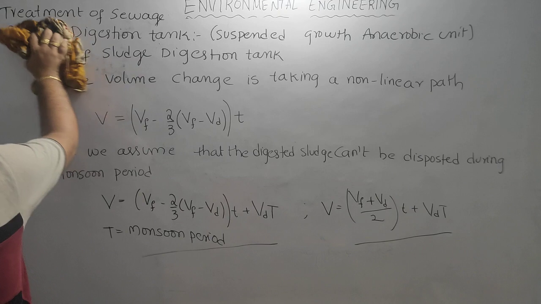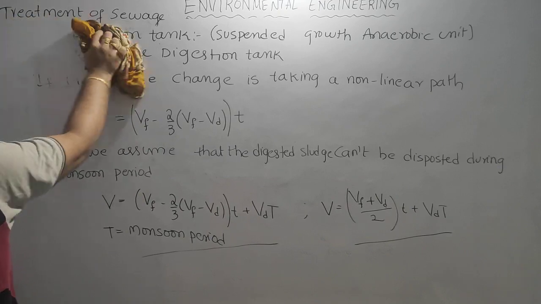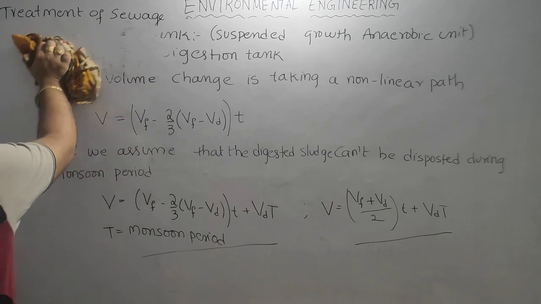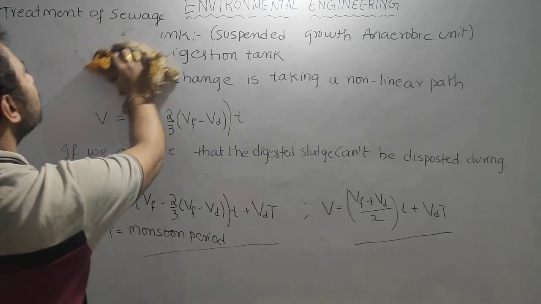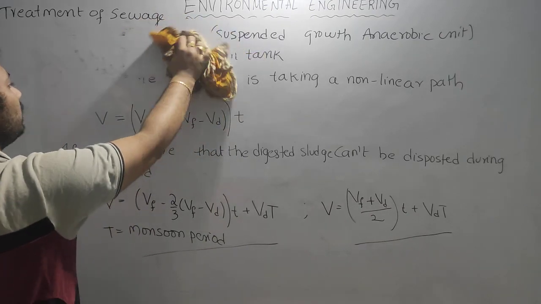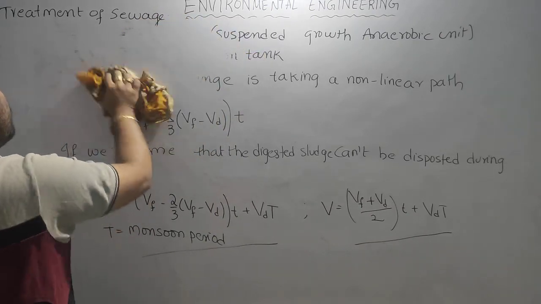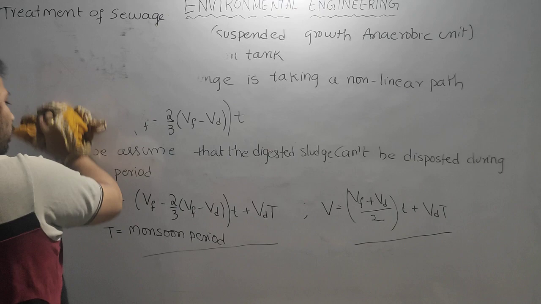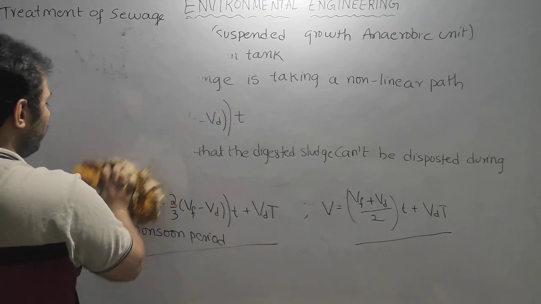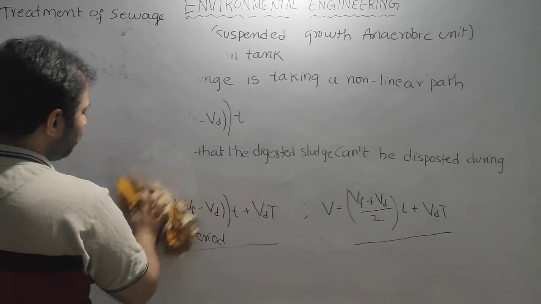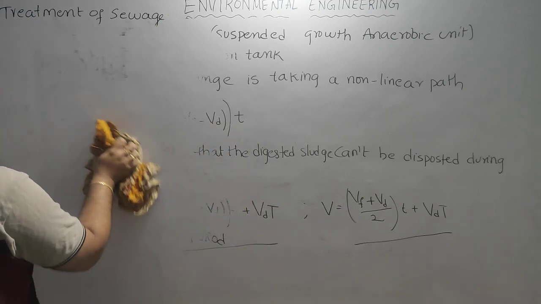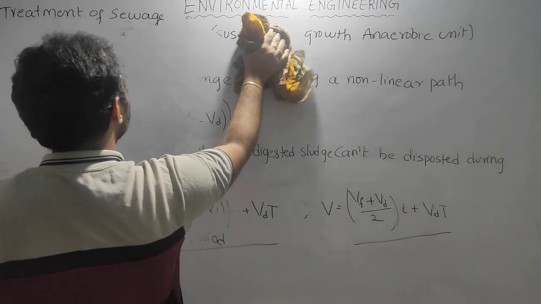If you look at the septic tank, whatever the sewage sludge, it will enter into the septic tank along with the water. Whatever the flush system we use, it will take the sludge; whatever sludge we are disposing will be taken into the septic tank with the help of the water.